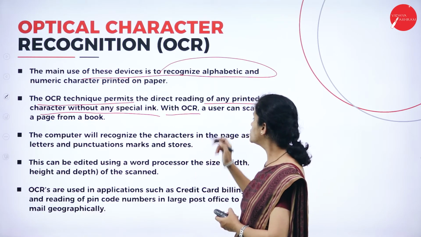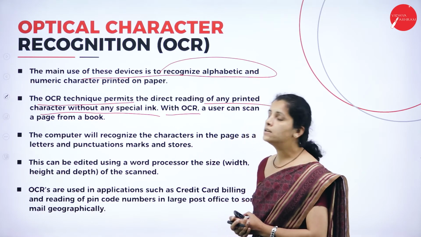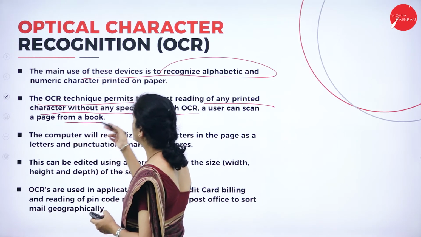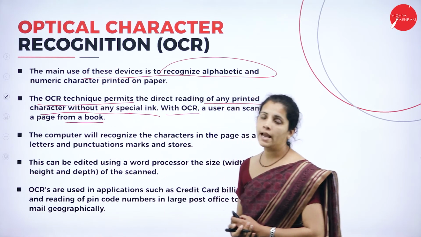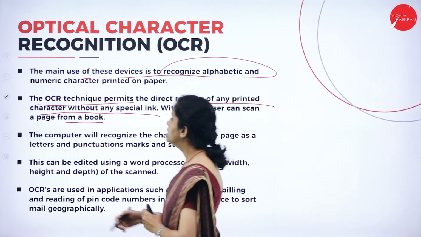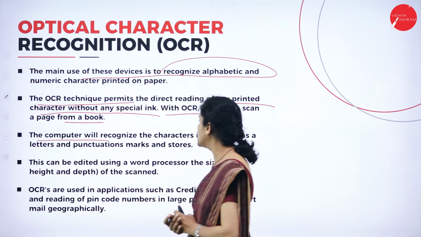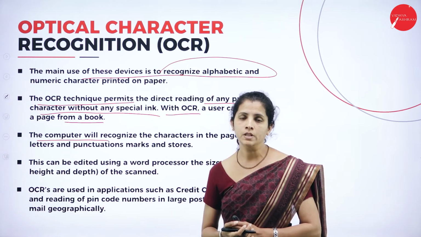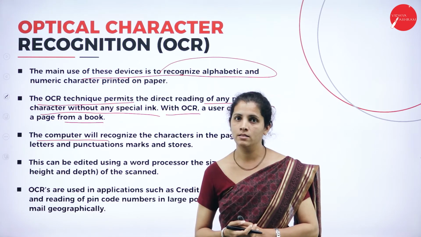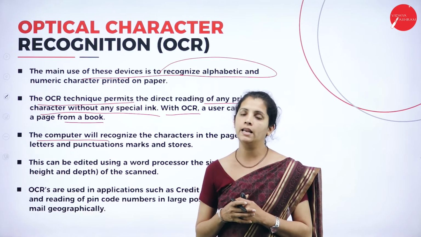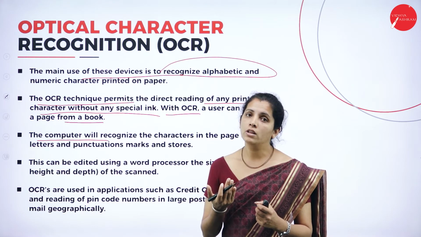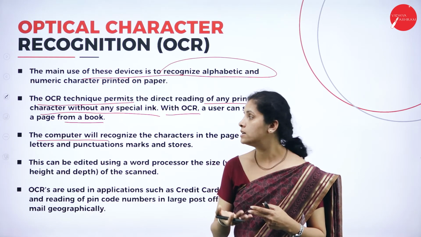So, with OCR, a user can scan a page from a book, and the computer will recognize the characters. The best example I can consider is Google Lens. By using Google Lens, I can read the content on the paper or in the book.